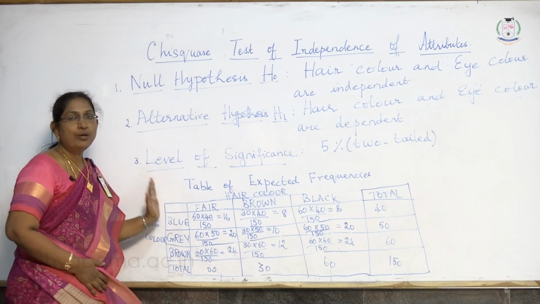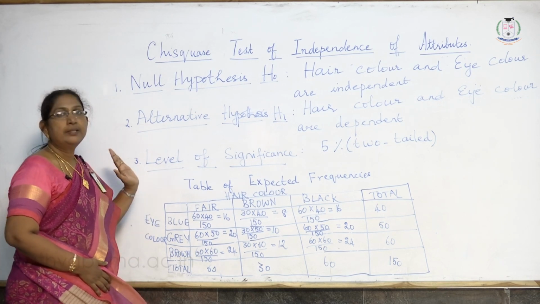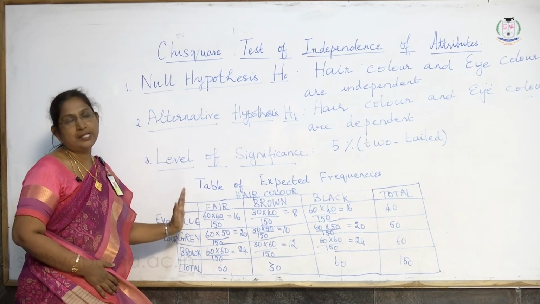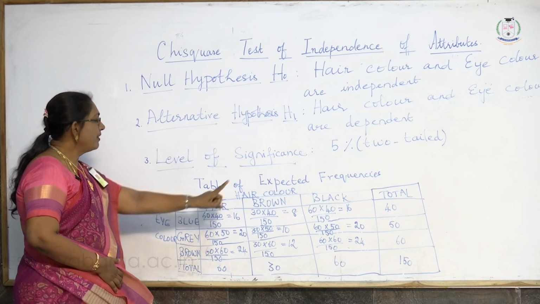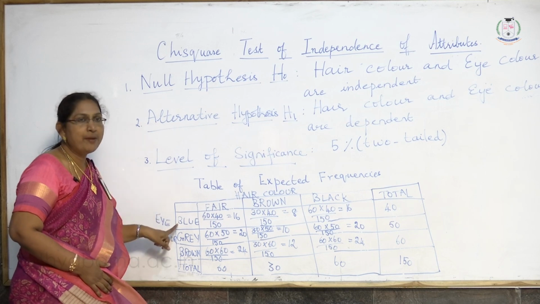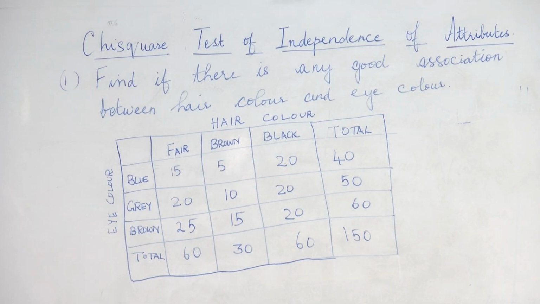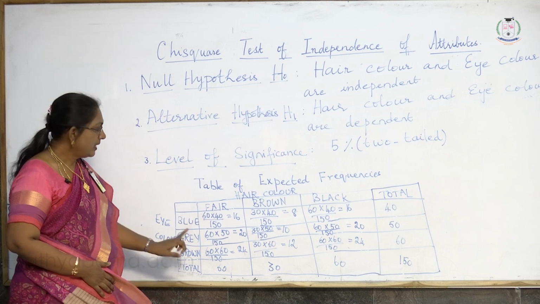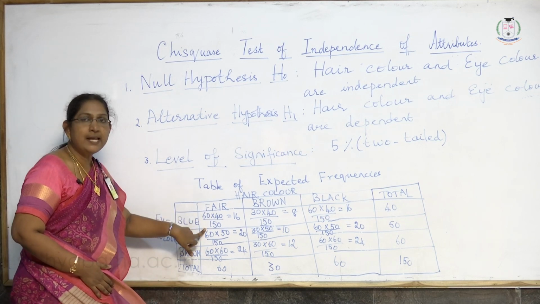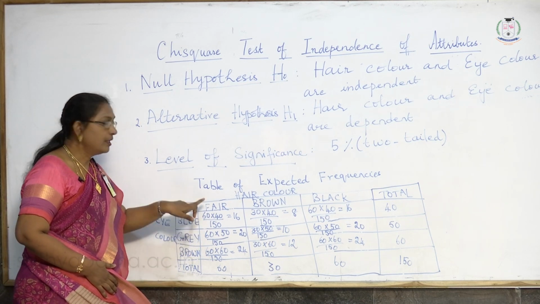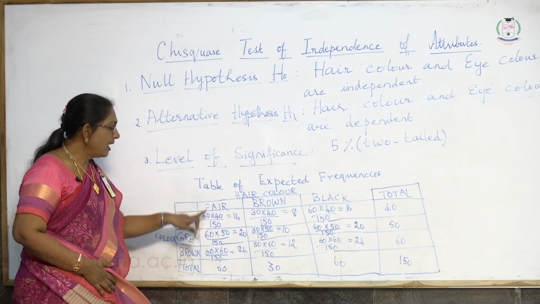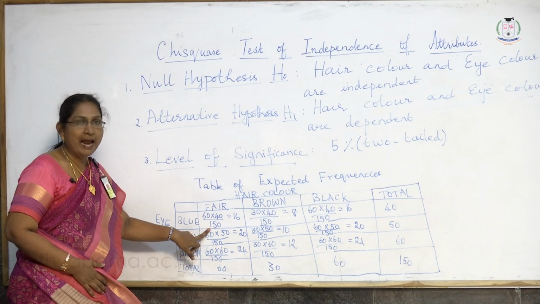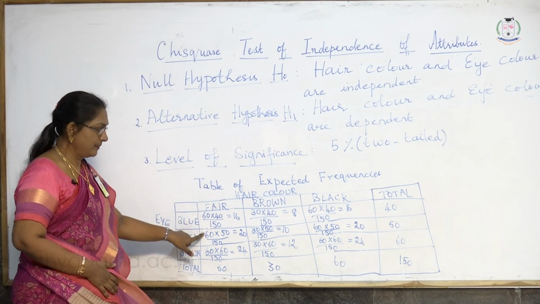Now we will find out how to find the expected frequency. We will go to the observed frequency, and we will form a table in the same manner as it is formed in the observed frequency. Coming to the first cell, we will take the row total into column total, and we will divide it by the grand total for the first cell.